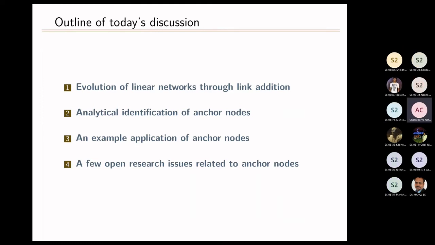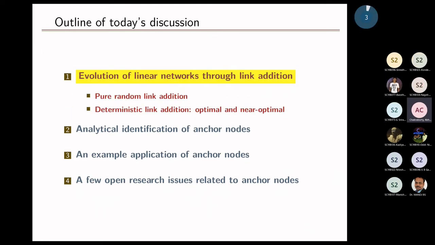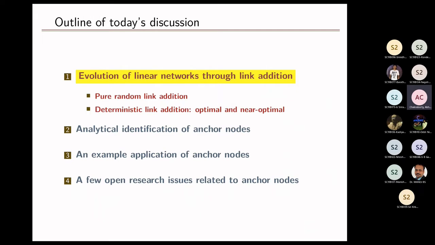So let me first start with the evolution of linear networks through link addition, where mostly I will be going through pure random link addition. I think pure random link addition has already been covered in your class. And it will be followed by deterministic link addition, where I will be mostly discussing optimal and near optimal strategies to add links.